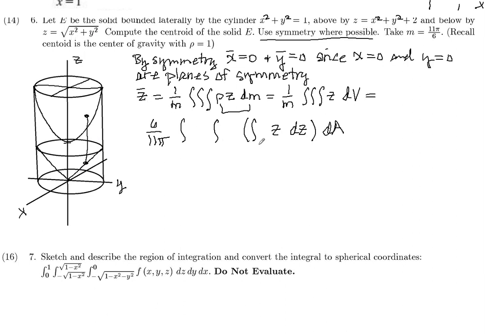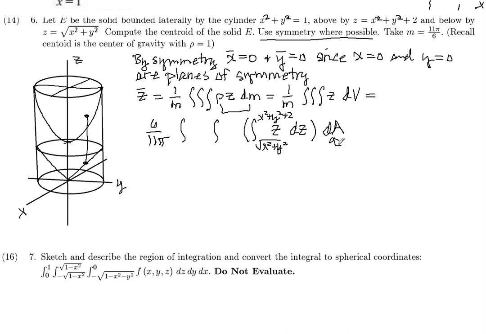So this is actually going to go from z equals square root x squared plus y squared up to the top, which is x squared plus y squared plus 2. Okay, and then we project down onto the xy plane, because we integrated with dz first, so this dA is dx dy.